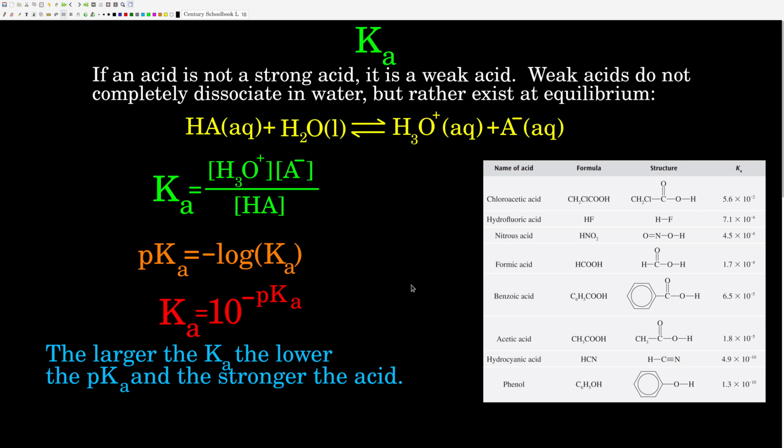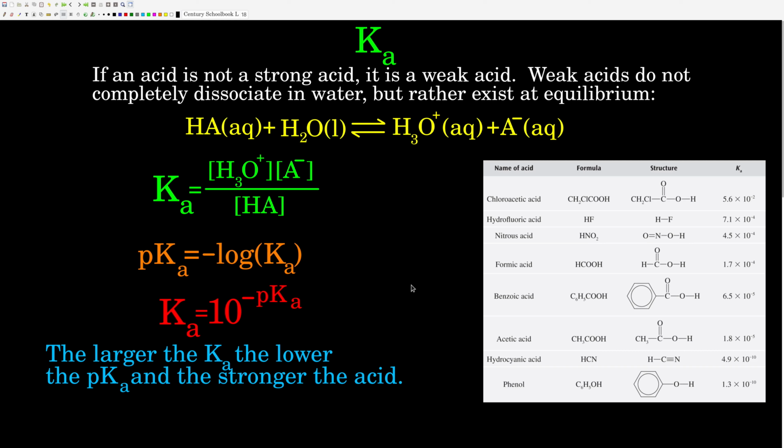So weak acids, Kas. We listed 7 strong acids and 8 strong bases. If it's an acid and it's not one of those 7 strong acids, that means by default it's what we call a weak acid. Now, weak acids do not completely dissociate in water, meaning that there are still some molecules with an undissociated proton, the acidic proton, on them.